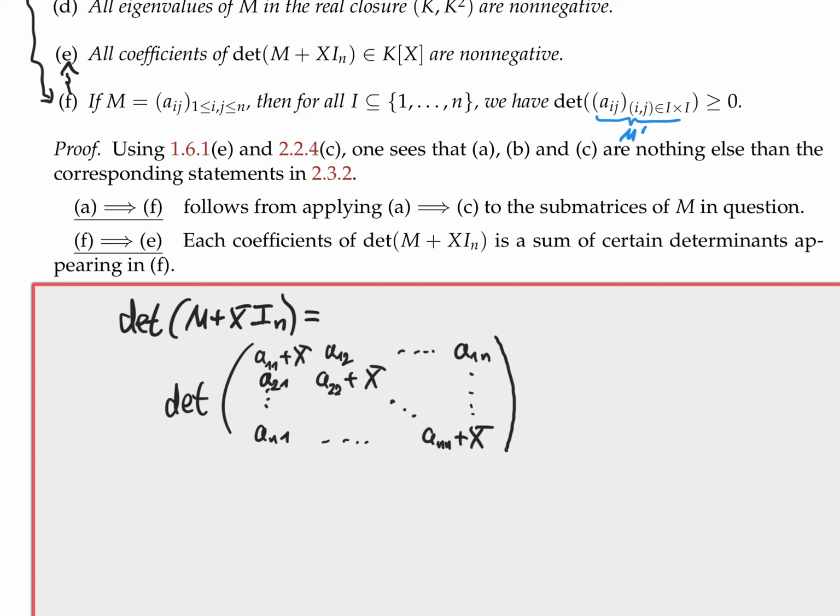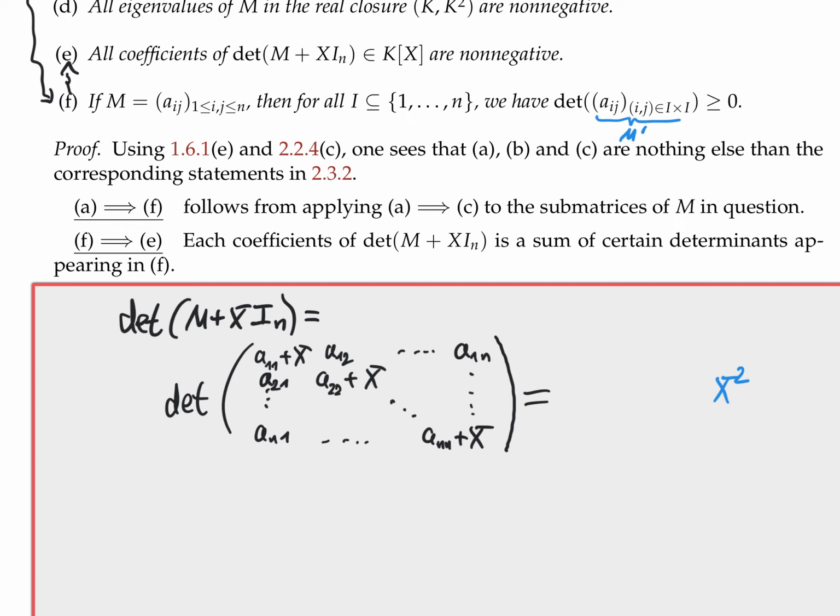Okay. And now what happens? What is, for example, the coefficient of x to the 2 here? I want to know about all coefficients, but for simplicity, let's look at x to the 2, for example.